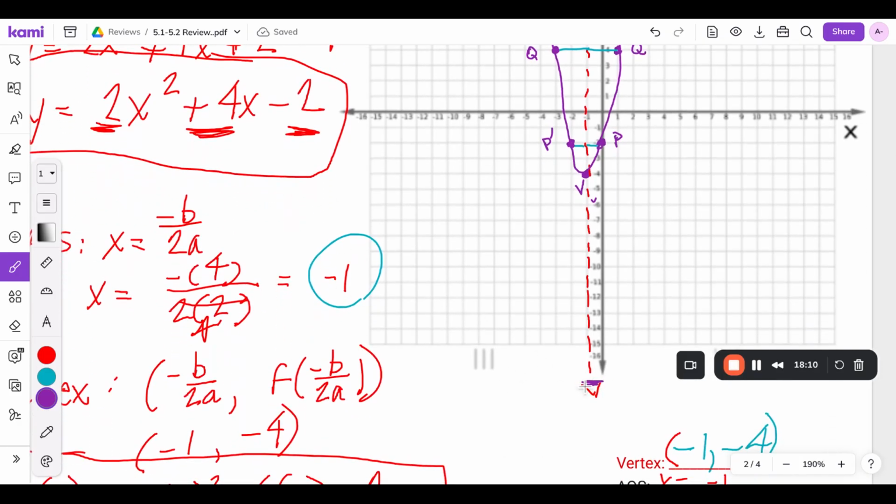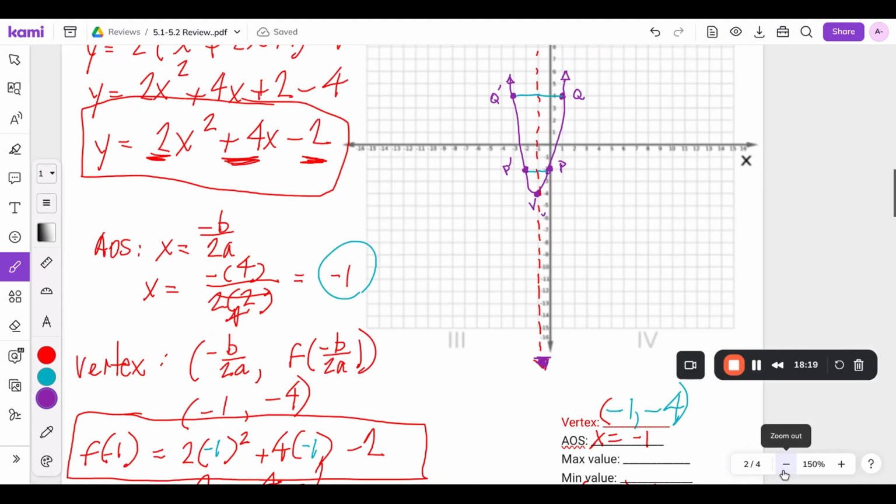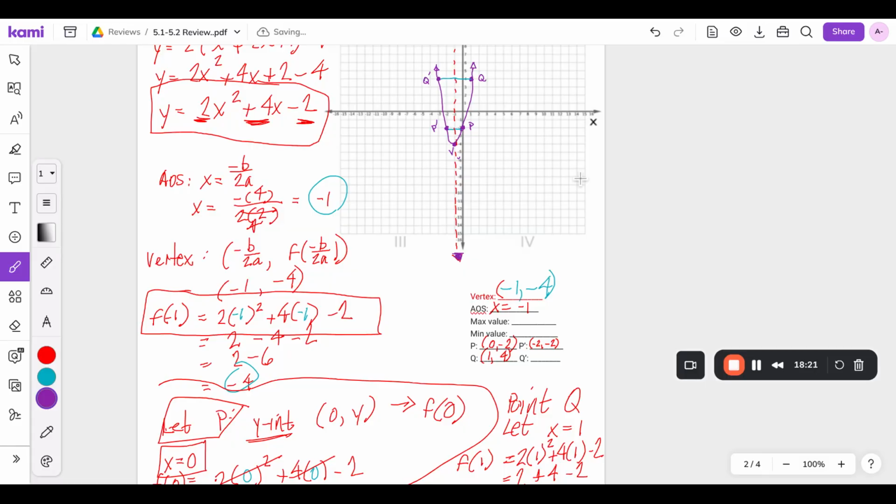They all have arrows. Don't lose points for arrows. So there's my parabola. I'm going to zoom out. I'm going to give the coordinates for point Q prime. That was this one over here. So x is -3, y is 1, 2, 3, 4. So -3, 4.